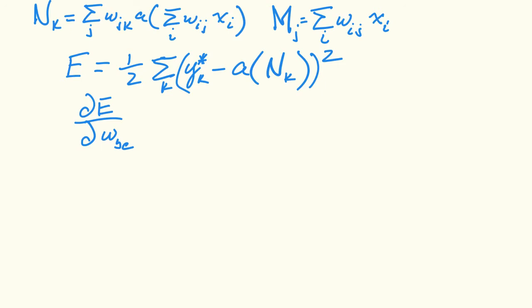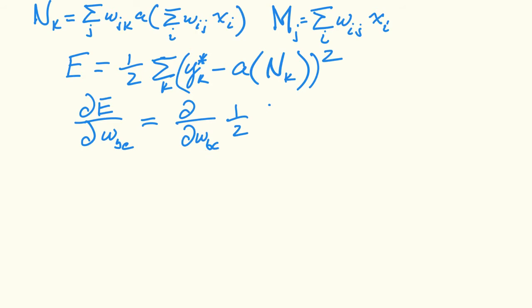So this is equal to the derivative with respect to WBC of 1/2. Well, 1/2 what? I almost copied the summation down, but in fact, WBC is an output weight.